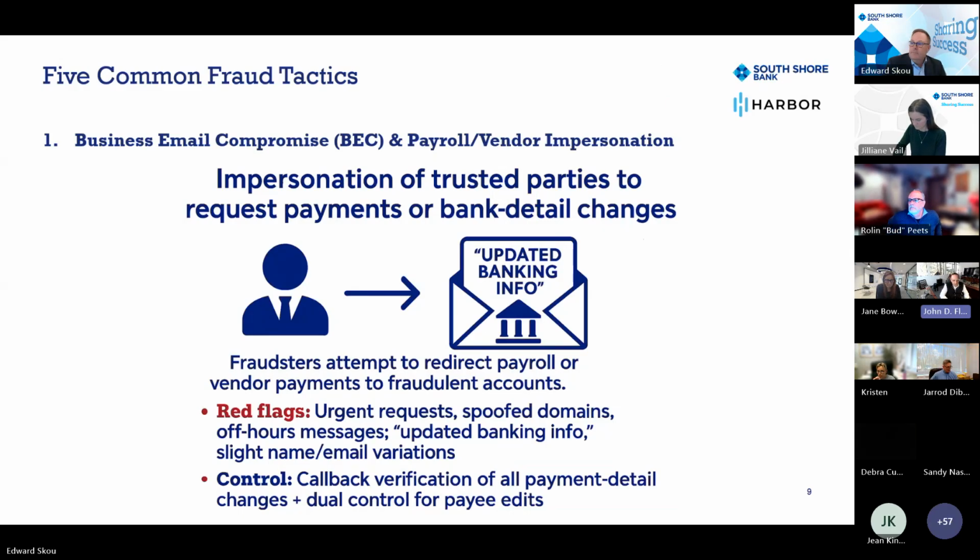Yeah, so business email compromise. This is the biggest threat out there right now. The criminals don't need to scan the world anymore. They can just log in because people are passworded out.